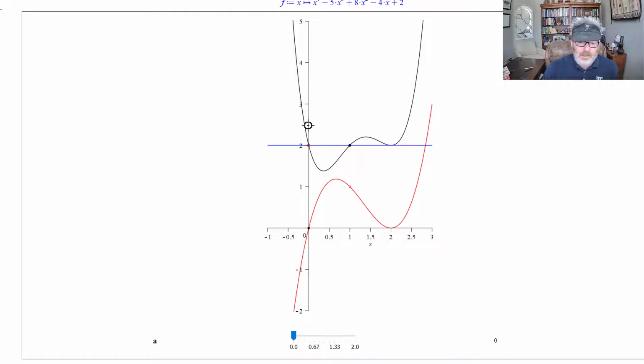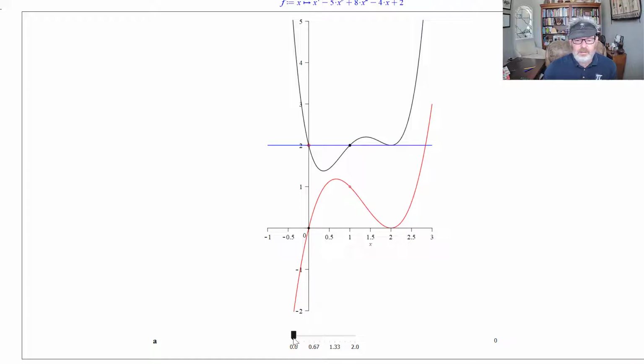Let me go back to my fourth degree polynomial, my P and Q, which right now is at x equals 0. So that's what we see here. The slope of this blue line, which is the secant line, is given by the y value on this curve right here. So at 0, 2, the slope is 0, because this is the point (1, 2), this is the point (0, 2), so the slope of the line is 2 minus 2 divided by 1 minus 0, so 0 over 1 is 0.